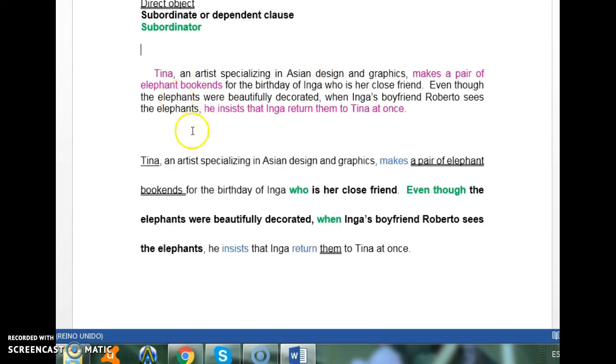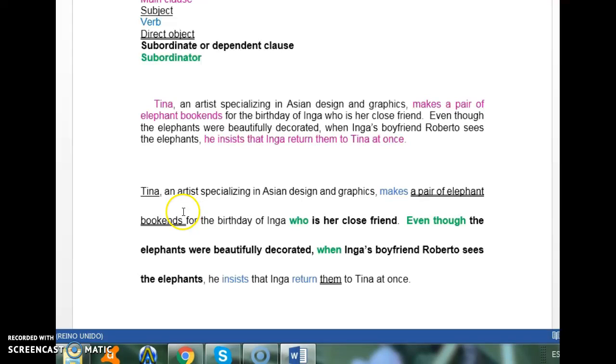Okay, and then at the bottom, Tina is the subject of this sentence, and what does she make? She makes a pair of elephant bookends. A pair of elephant bookends would be the direct object in this sentence. And then you have for the birthday, which is a prepositional phrase.